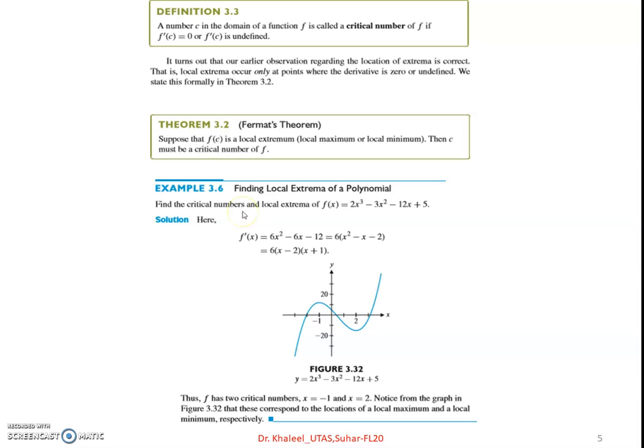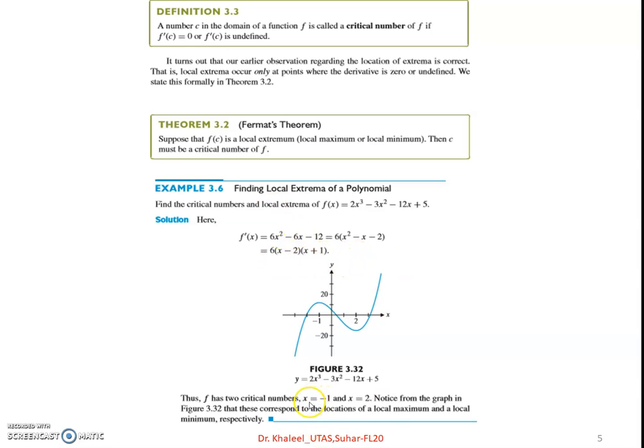Let's take an example. Find the critical number of this. We first find the derivative. I take 6 common out and equate it to 0. I will only check this first condition, not the other, because for that you need a denominator. So, I equate to 0 and solve it.